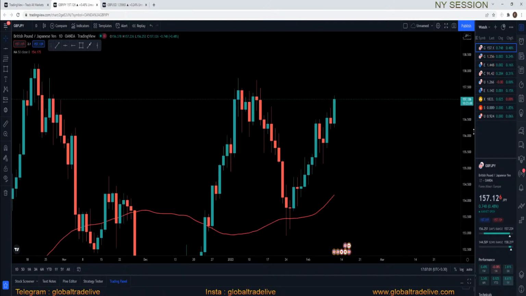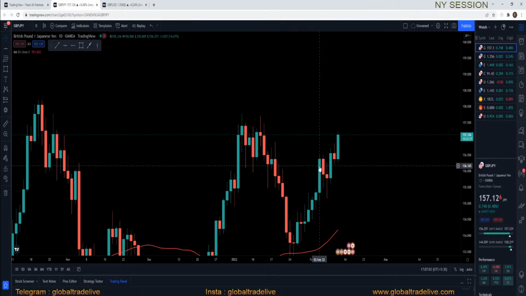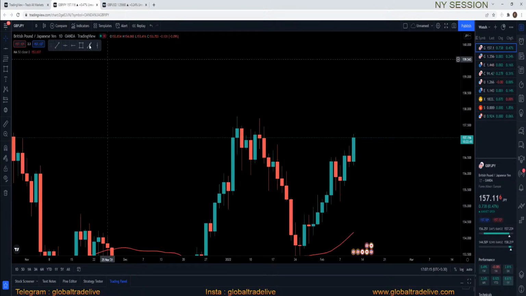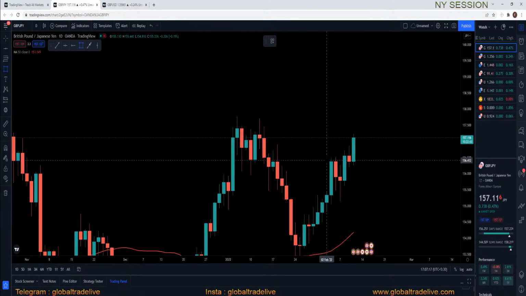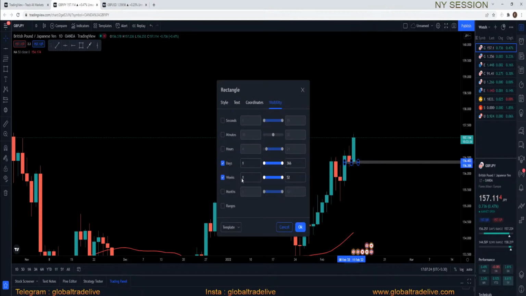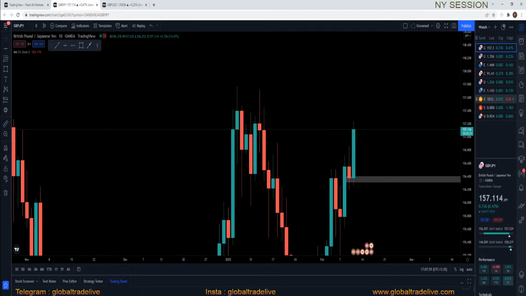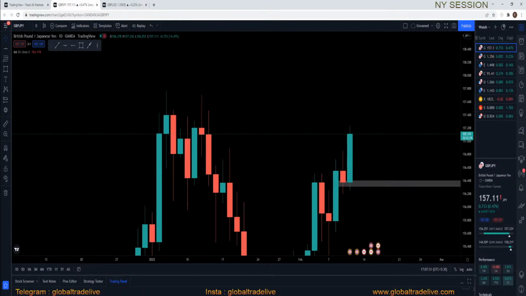Now if we talk about the daily time frame, yesterday's candle was a bearish candle and today's candle broke the high of yesterday's candle and now it's moving up. What will be the maximum point where it can go? The first thing I want to draw is a support over here. This is our daily support, and by zooming in a little bit, I'm going to see where the market can possibly go.